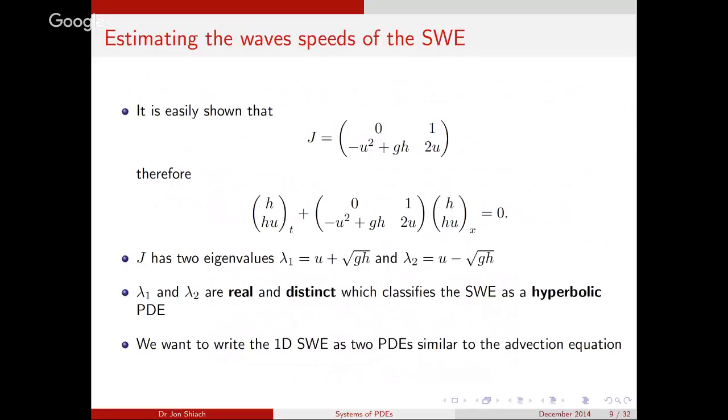The tricky thing is for F2. I have HU squared plus a half GH squared. I'm going to have to somehow write that in the form of U1 and U2. If I ignore the squared for now, HU, as I just saw, is U2, but I need U squared, so I've got to square U2.